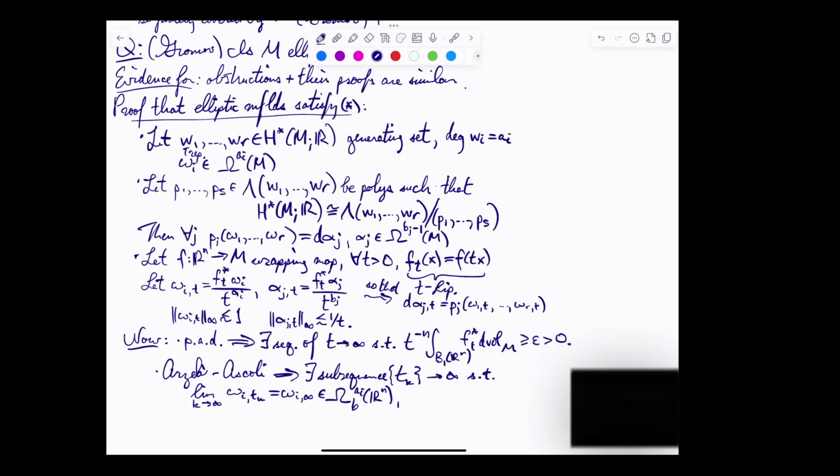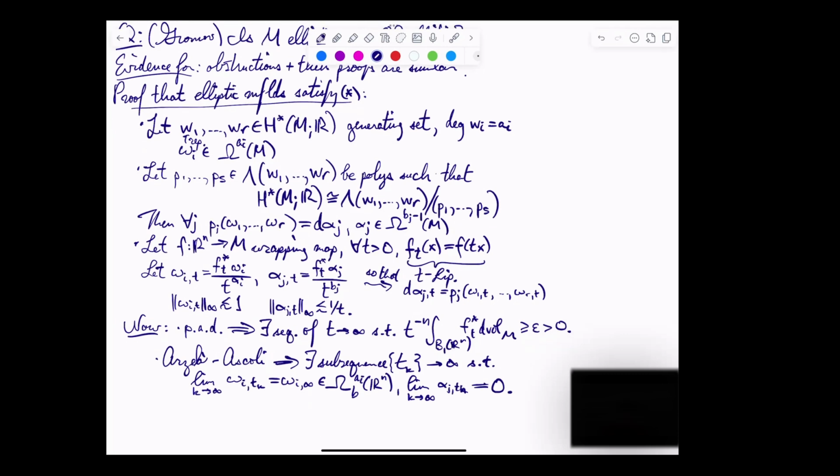And then the limit of the alpha_j at t_k is just going to be zero. And this notion of flat convergence commutes with everything you want it to commute with: the differential, the wedge product, and of course, since it's a weak limit, integration by definition.